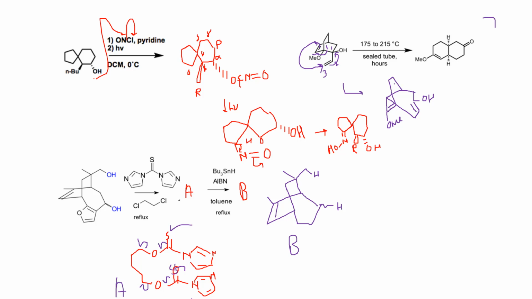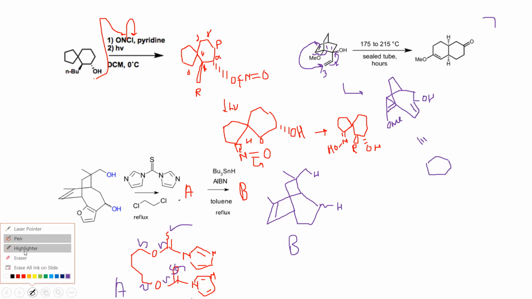This part is a 6-member ring, and this part, 1, 2, 3, 4, 5, 6, is also a 6-member ring. So there is a 6,6 fused ring, fused from this position. The common 2 carbons are these 2. Draw it properly.